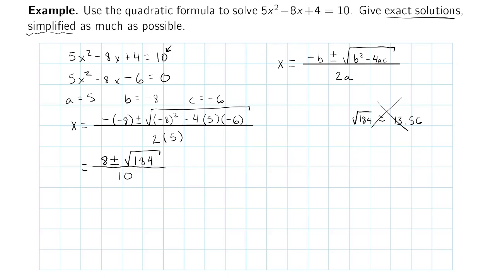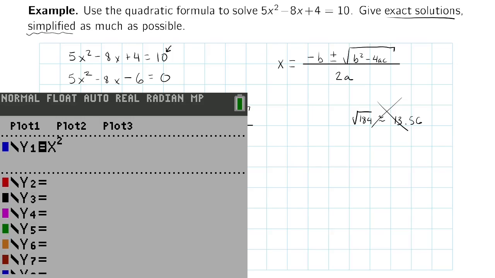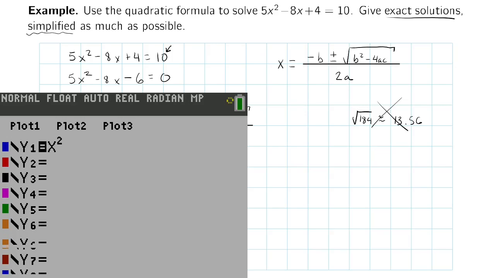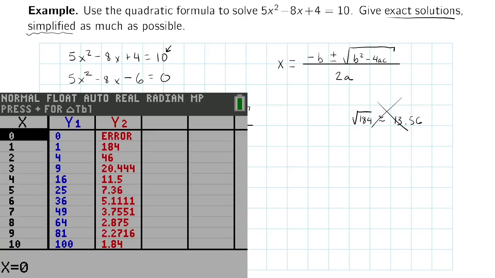Well, first I want to see if I can simplify the square root. And probably I'm going to want to use a list of perfect squares on my calculator. So I'm going to hit y equals. I'm going to say x squared for y1, and then 184 divided by x squared for y2. And I'm going to look at my table.